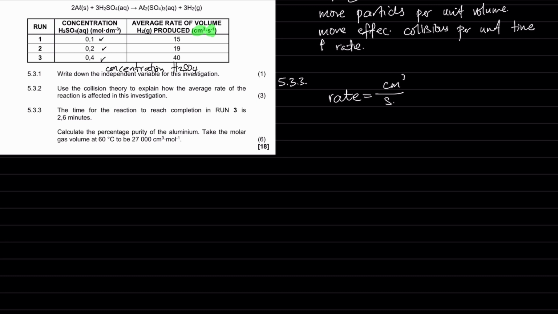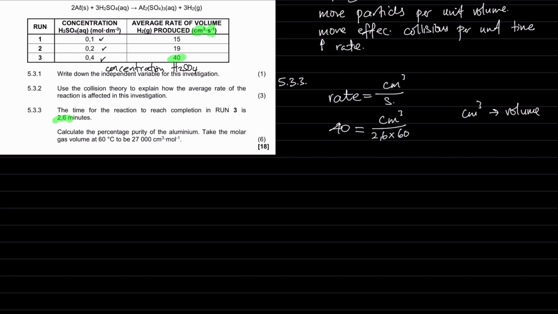We know the rate for run 3. They've given that to us. It's 40. So 40 is equal to centimeters cubed, or volume, divided by seconds. Well, they tell us that it's 2.6 minutes. So we need to convert that to seconds. So 2.6 times 60.